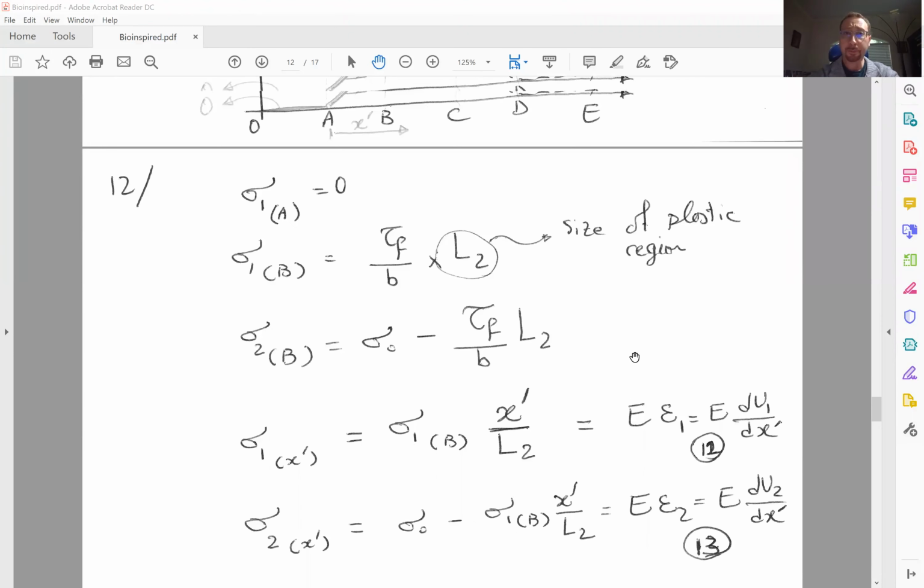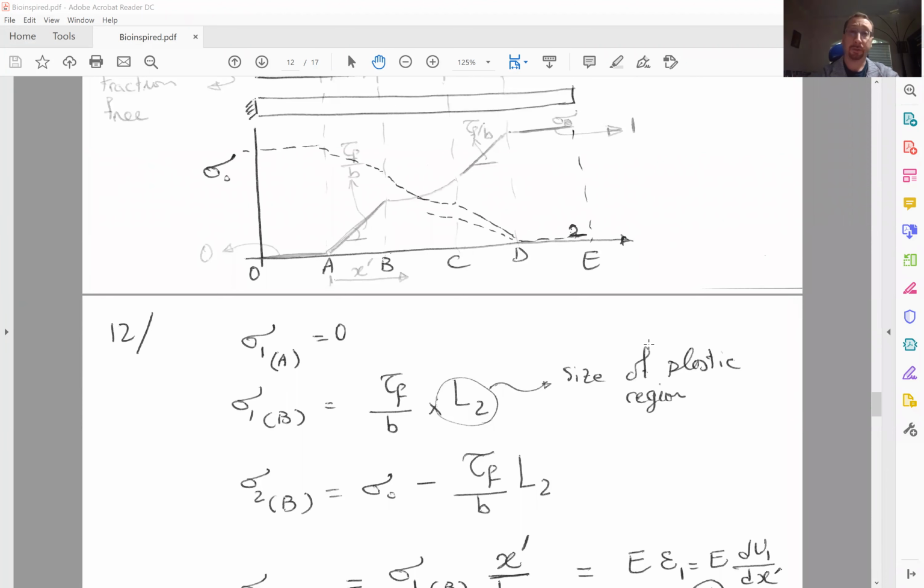In order to solve this problem, I'm going to define another coordinate system. x is measured from this end, and x prime is measured from this point, which is the border between the failed and plastically deformed region on one end.